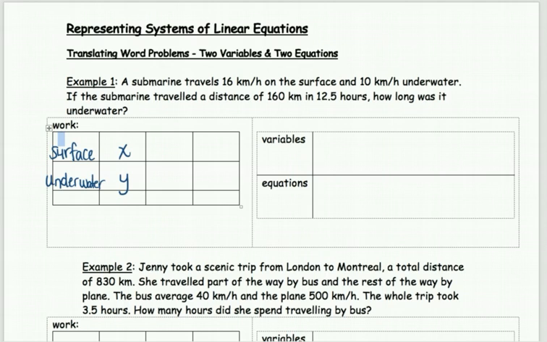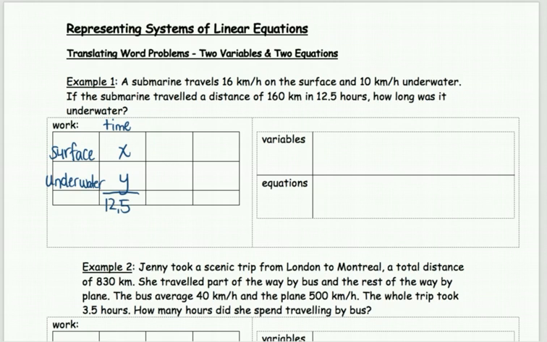Okay, so what do the X and Y in this scenario represent? So we have, how long did it take? So that's going to be our time. Okay, and if that's our time, it told us the total time that it took for this journey, so it was 12.5 hours.